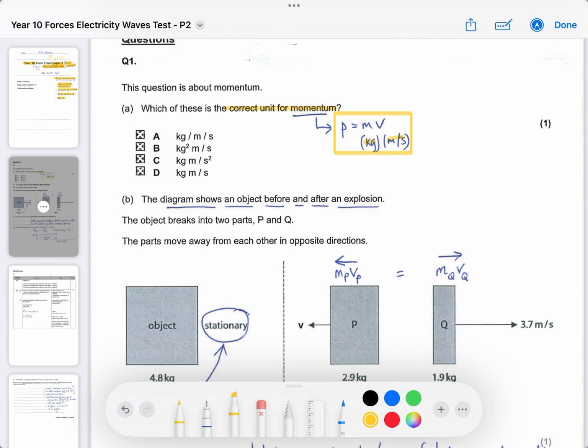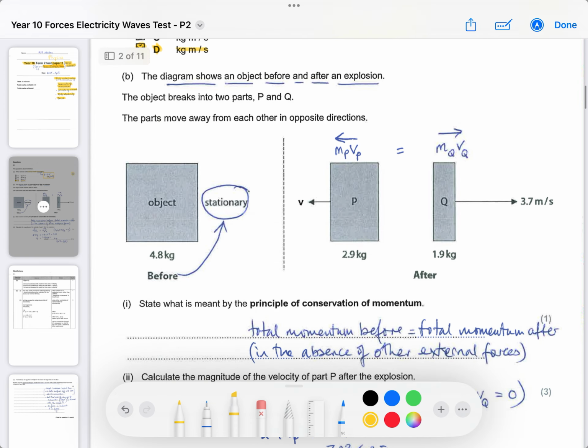So the units of the left-hand side of the equation must be also the same on the right-hand side of the equation. So the answer is D, kilograms meters per second, is the correct unit for momentum. Okay, none of the others have it written quite correctly. Okay, so once you know the equation, you can actually work out the units. It's a very, very useful skill to have. So that's 1 mark.